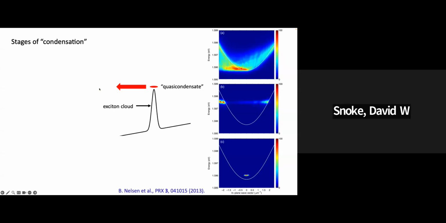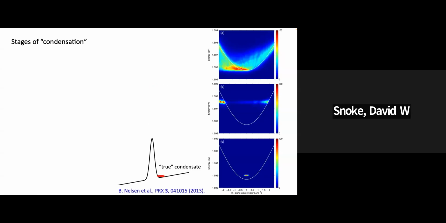And then if we turn up the power even a little bit more, now we see a true condensate, in which you can see that this is spectrally much, much narrower than this was. Even though this was highly piled up around its ground state sitting on top of that hill, it was fairly incoherent.